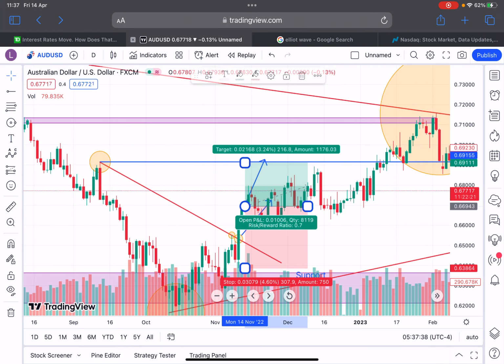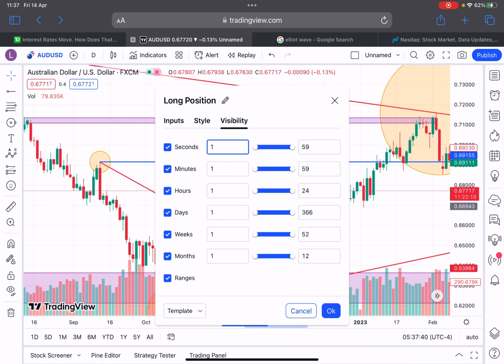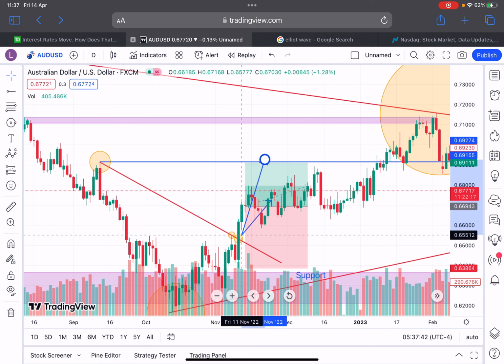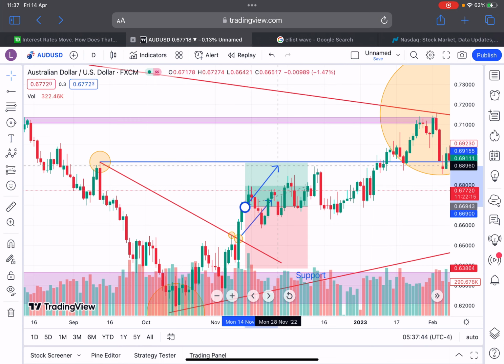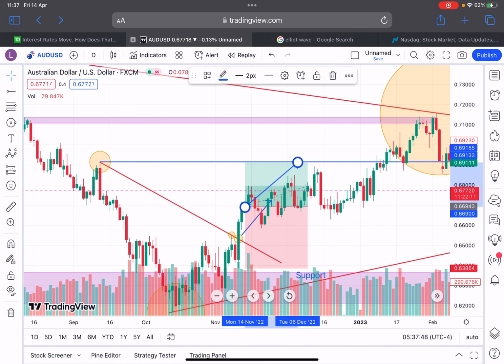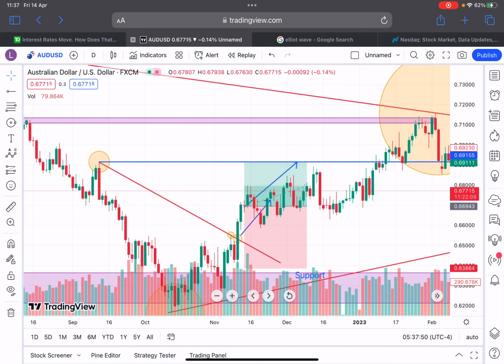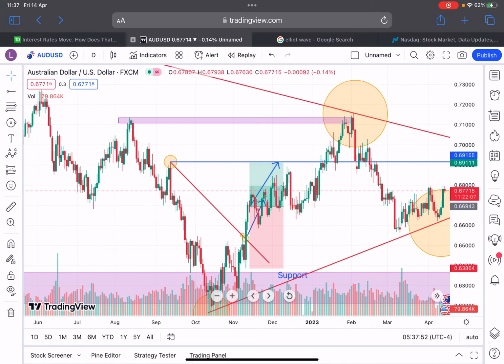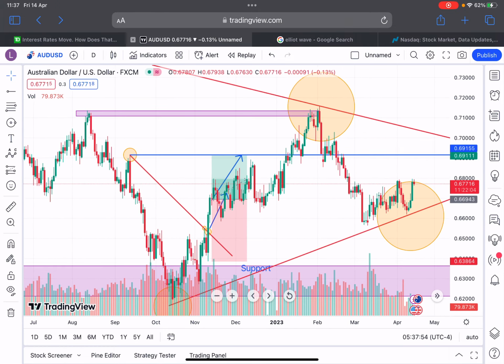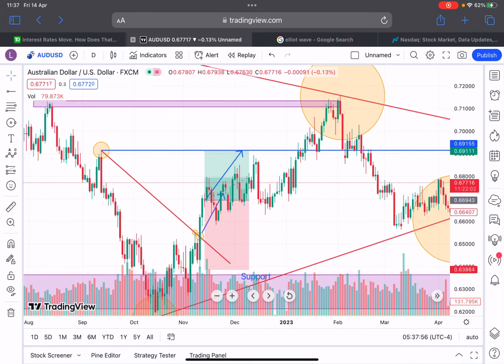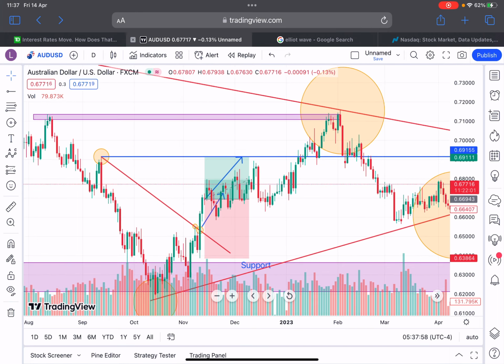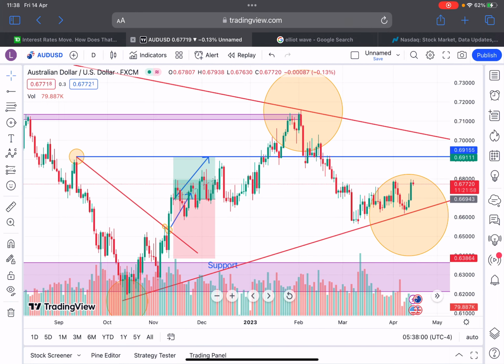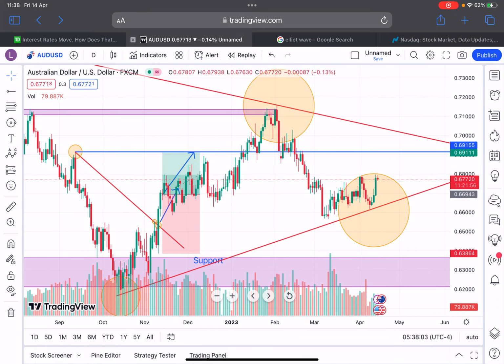If we entered here, there was a pullback, yes, but it did take our profits. So with this that I'm doing, I am showing you how the strategy works, and I'm trying to determine a trend of this chart that is right here.